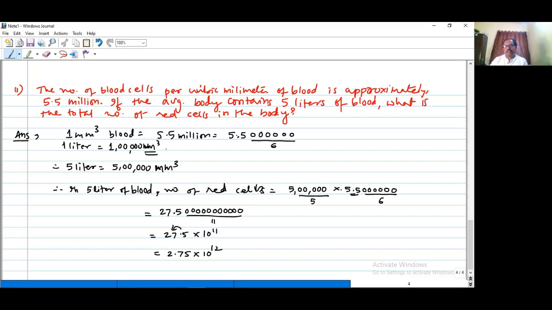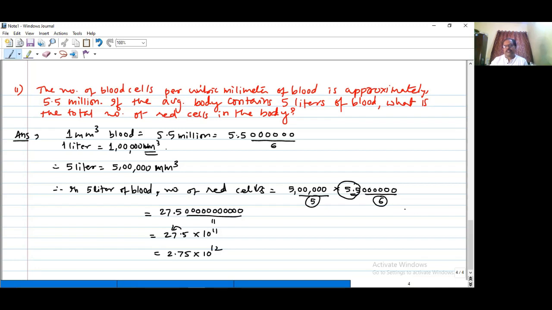So 5 lakh has 5 zeros, 5.5 million has 6 zeros. We multiply the non-zero digits separately: here we have 5 and here 5.5.